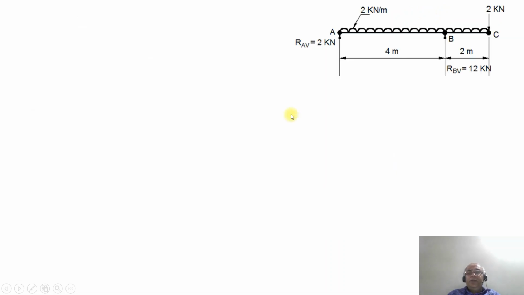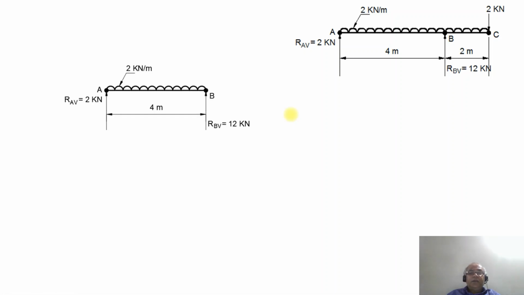Then we will consider the next point, the vertical reaction now. See what happens. SF at the point B will be equal to plus 2 minus 2 into 4 plus 12, because plus 2 is acting upwards, minus 2 into 4 is acting downwards, plus 12 because it is acting upwards. So 14 minus 8 will be equal to plus 6 kilonewton.